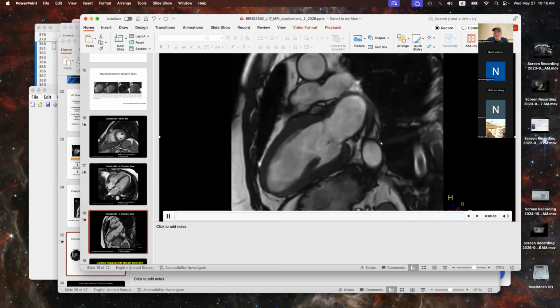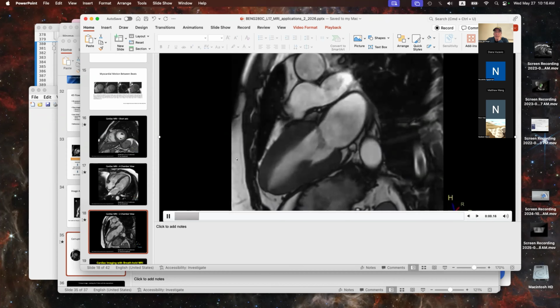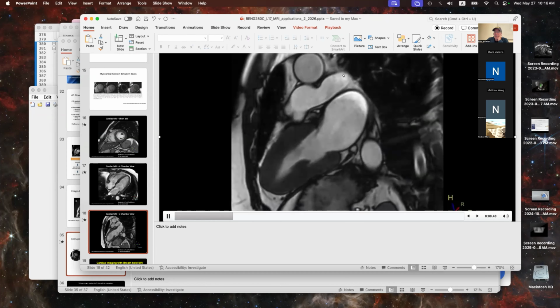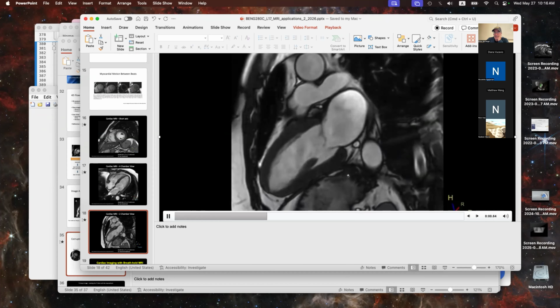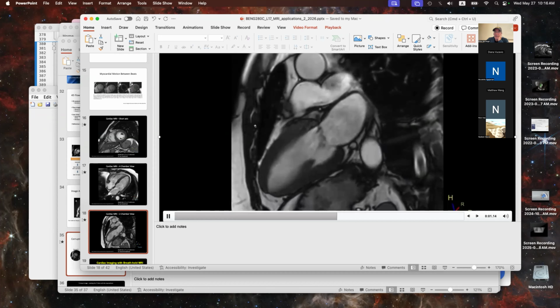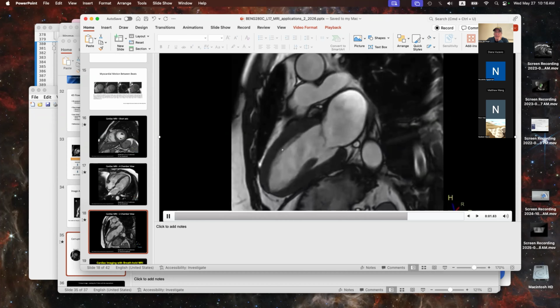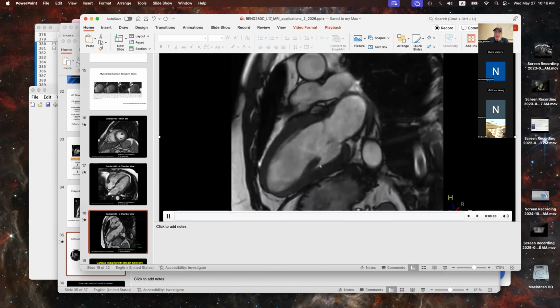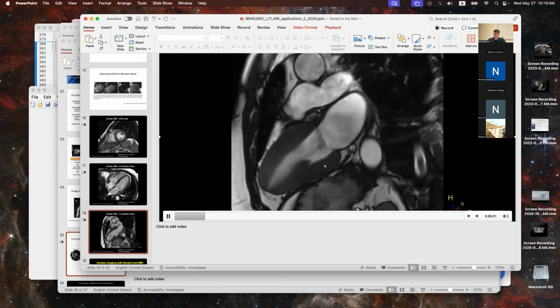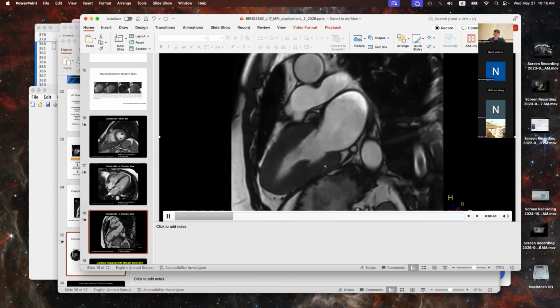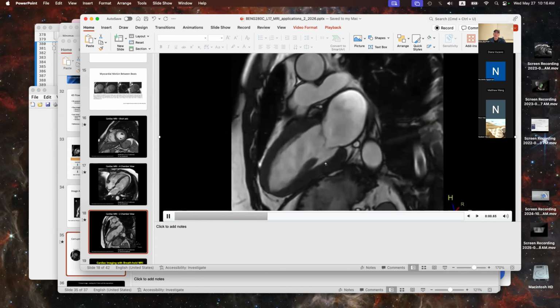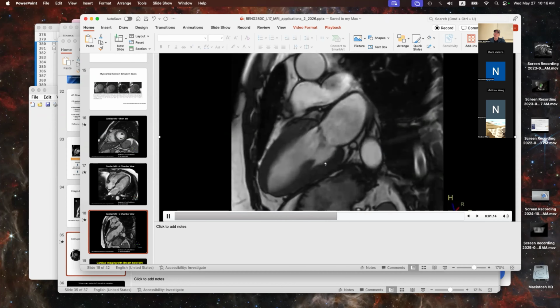So again, you don't see any respiratory motion. This image was taken in 12 heartbeats, and so you get this great clarity. However, you still have the issue that if I wanted to do a short axis slice through here, or let's say up here, if I look at just where my voxel in space is constant, on that little arrow here, you can see how much tissue is moving through that point, right?